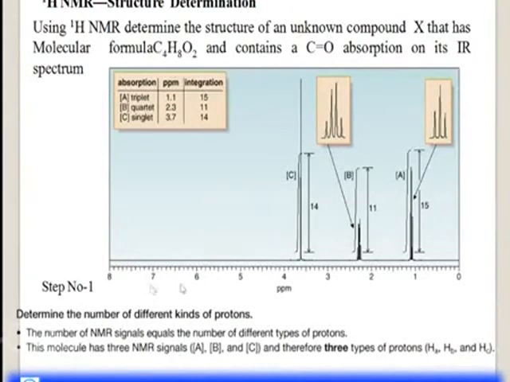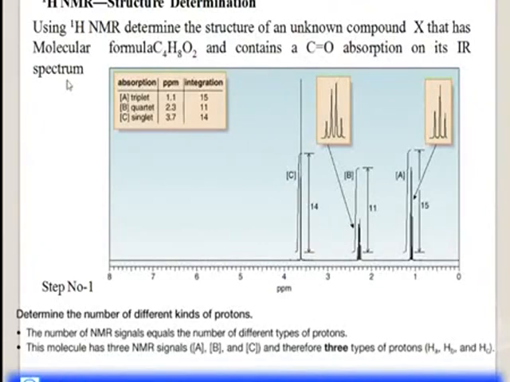Now another question is over here. How can we deduce the structure of an organic molecule with the help of NMR spectroscopy? Using proton NMR spectroscopy, determine the structure of an unknown compound, let us say X, that has the molecular formula C4H8O2 and also contains an absorption in the IR spectrum.